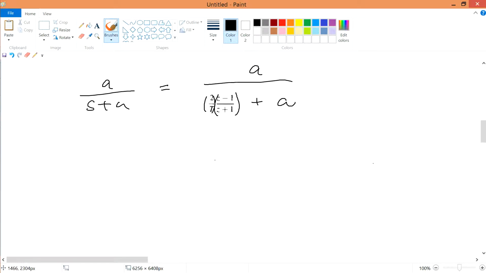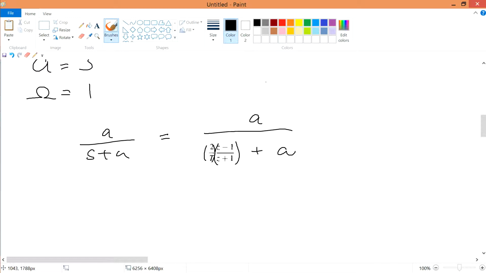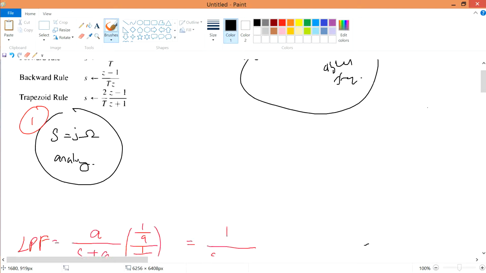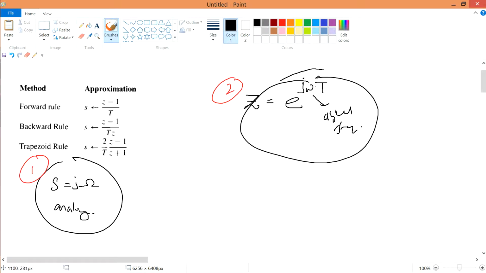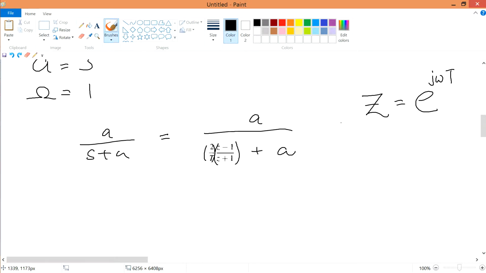My purpose here is that I want to sub in z equals e to the j omega T. If you still remember from the previous video, this omega is a digital frequency. Instead of subbing in the analog frequency equal to 1, I sub in my digital frequency equal to 1.